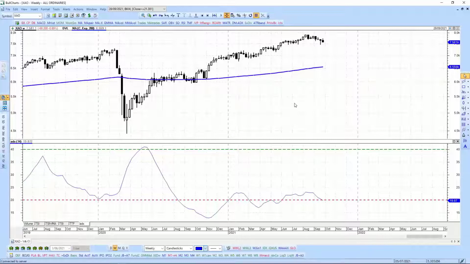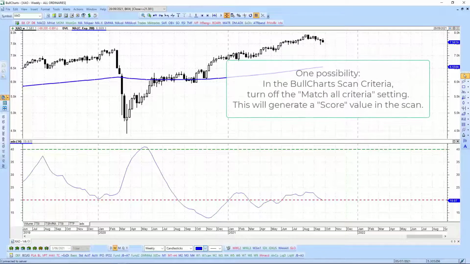Robert, I did that a couple of years ago where I put together in a scan several different technical indicators, and I used the facilities in the scan to give them different weightings, and that generated a percentage score at the end.